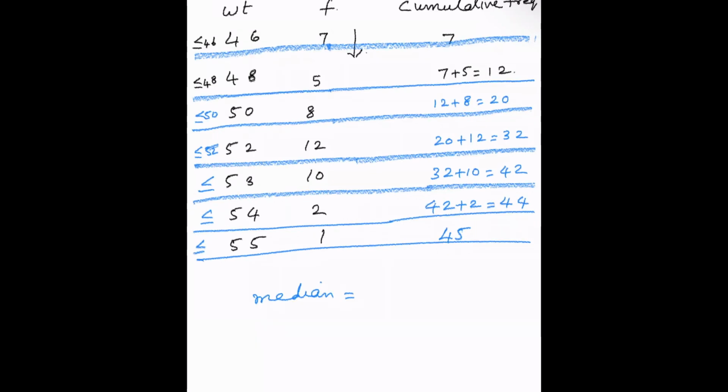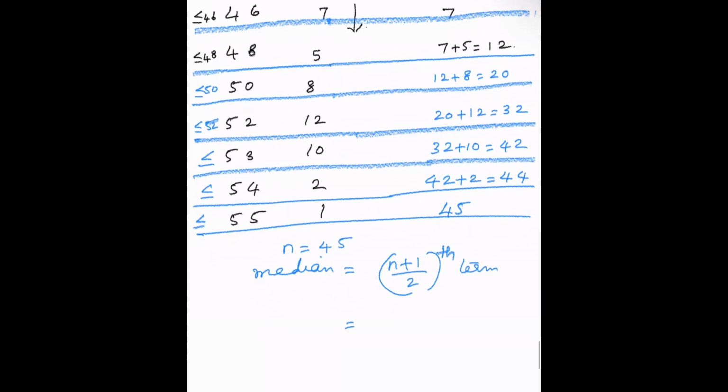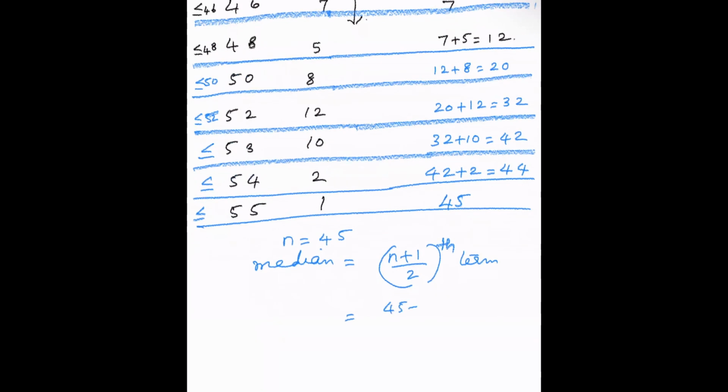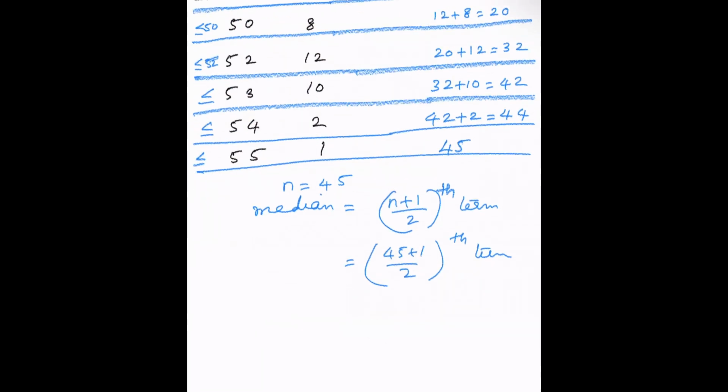How many observations are there? 45 students, and 45 is an odd number. When it is odd, which term do you consider? The (N plus 1) by 2th term, which is 45 plus 1, which is 46 by 2, the 23rd term.